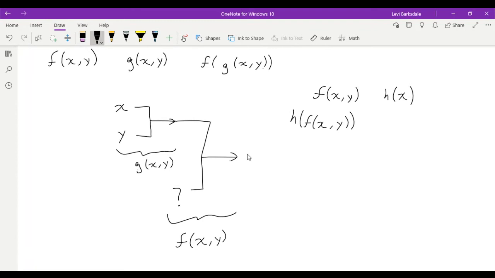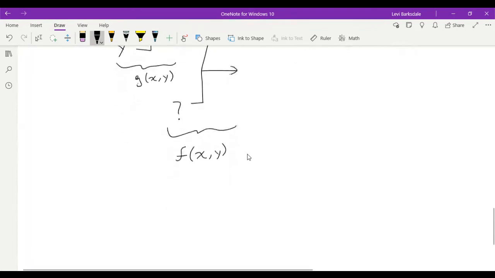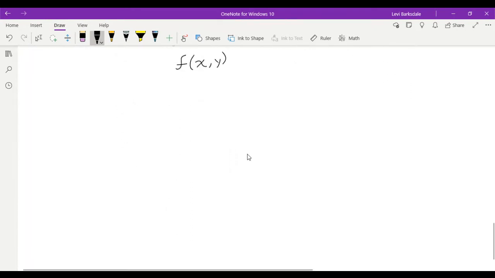You might see this in more advanced courses if you're taking them. You could potentially even see vector valued functions composed with multivariable functions.